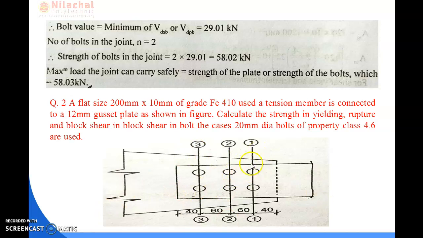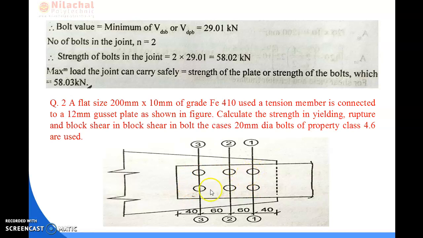The number of bolts in the critical section means, if we draw a vertical section along the plate, how many bolts are there? That is the number of bolts in the critical section. Here the 6 bolts are provided in 2 rows.